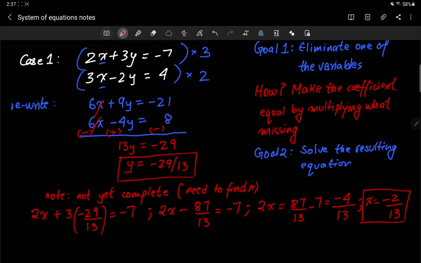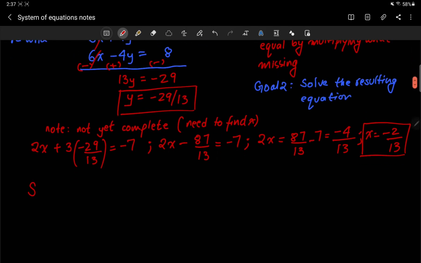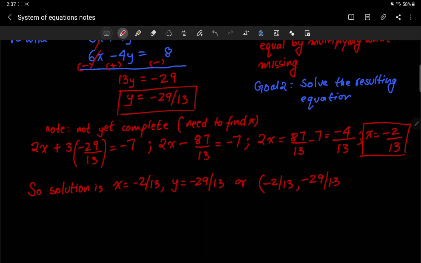Don't worry about these being slightly complicated fractions. What is important is the process. So we say that the solution is x equals negative 2 over 13, y equals negative 29 over 13, or recalling the coordinate system, writing as an ordered pair, I can write it as negative 2 over 13 comma negative 29 over 13.